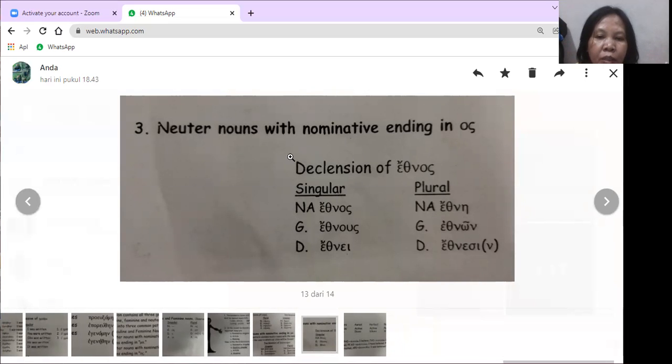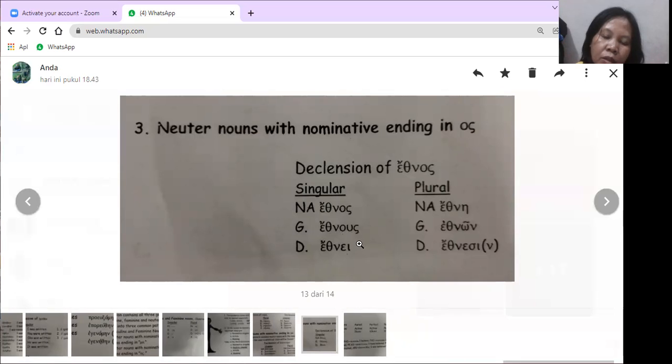Neuter nouns with nominative ending in os. Declension of ethnos. Nominative and accusative with ending os. Genitive singular with the ending ous.